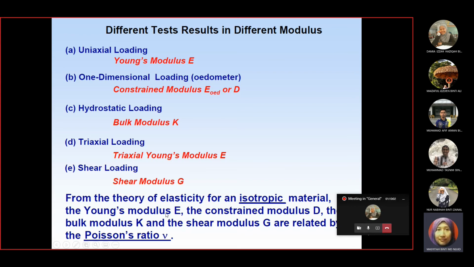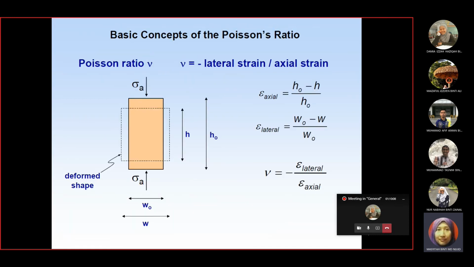So jangan lupalah bila kita duk cerita pasal E, pasal D, pasal G apa semua, dia ada kaitan dengan Poisson ratio. Macam mana nak dapat Poisson ratio? Poisson ratio ni lah yang sebenarnya saya nak bagi tahu definition awal tu. Poisson ratio is equal to the negative lateral strain over the axial strain. Kat sinilah apa kaitannya, kenapa bila ada shear modulus, yang modulus kita kena kaitkan sekali dengan Poisson ratio.